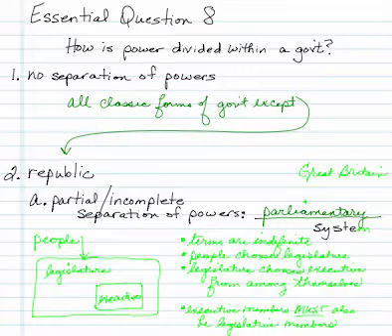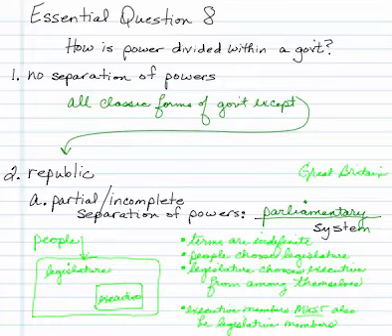This was originated by the British. This is what Americans were used to when they first left or revolted against Great Britain. And here's how it works. We're going to draw a picture, and then I'm going to write it out for you.